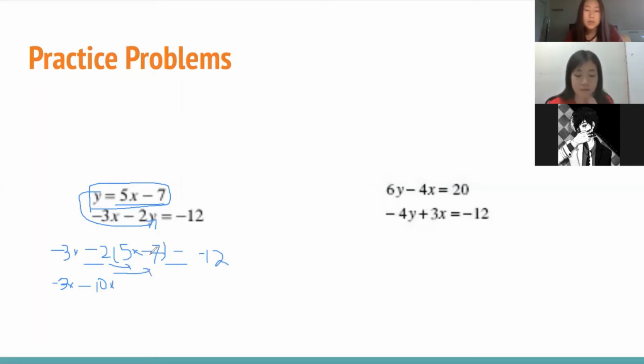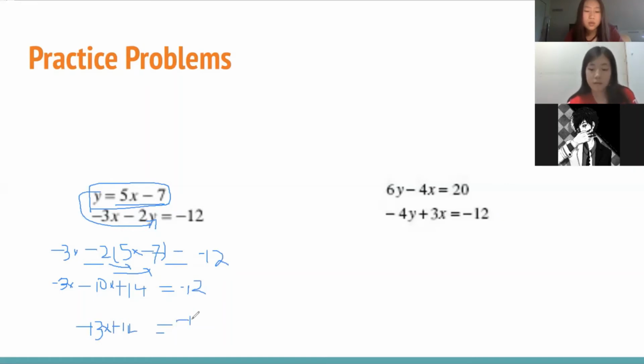And negative 2 times negative 7 would become positive 14 equals negative 12. And negative 3x minus 10x would be negative 13x plus 14 equals negative 12.